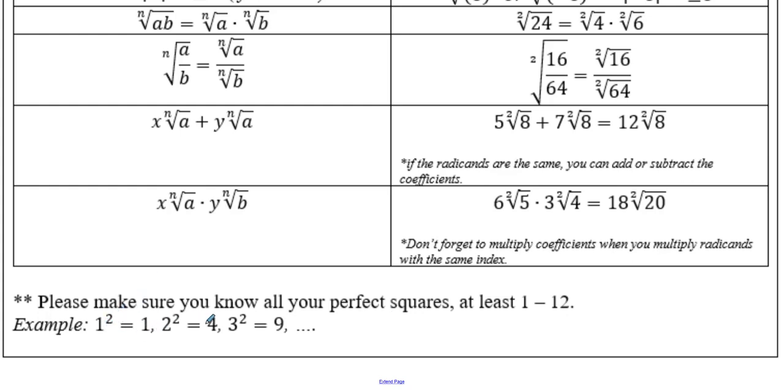Like 1 squared equals 1, 2 squared is 4, 3 squared is 9, 4 squared, 16. If you know all the way up to 12, you're going to have a much easier time doing these. If you don't, I'm going to show you another way to do it if you can't remember these numbers. But you also have to know how to divide. So division is important also. If you struggle with that, please have a calculator handy.